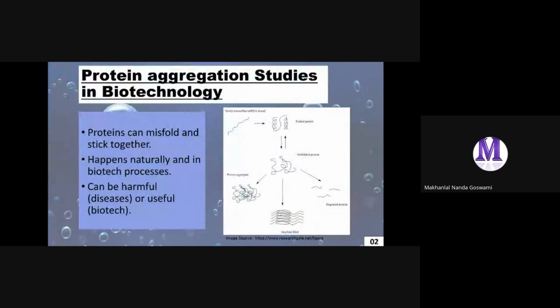Moving to the next slide, protein aggregation studies in biotechnology. This process begins with a newly transcribed mRNA strand which carries the genetic instructions for making a protein. As you can see in the figure, this mRNA is translated into a folded protein, the functional structure of the protein. Sometimes, due to errors in folding or changes in the cellular environment, the protein may not achieve its correct structure, resulting in a misfolded protein.